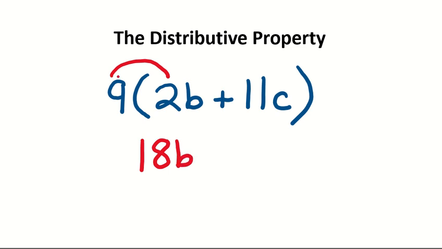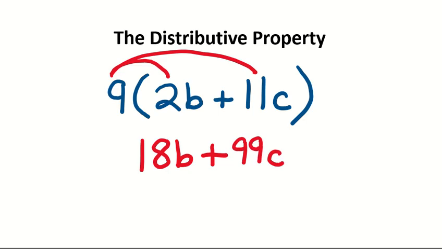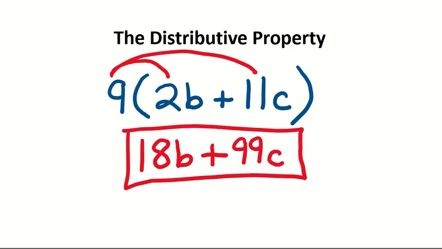And because it's the distributive property over addition, we'll drop down our addition sign. And then we're going to multiply 9 times 11. 9 times 11 is going to be 99, and then we'd simply drop down the c right next to it. And so we've rewritten this as 18b plus 99c.